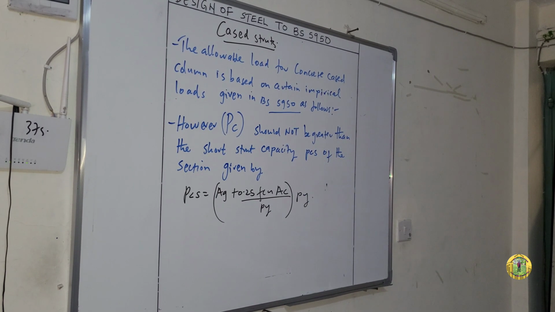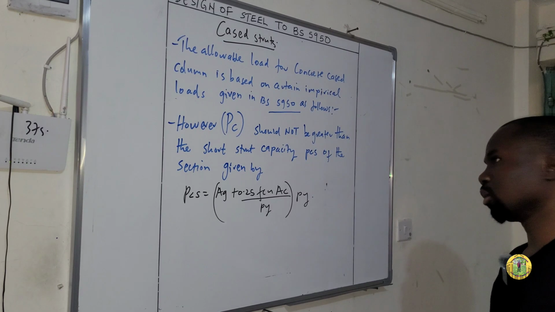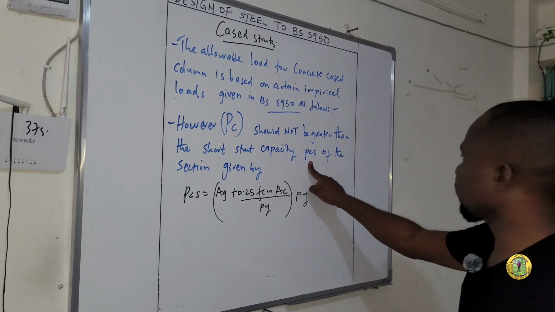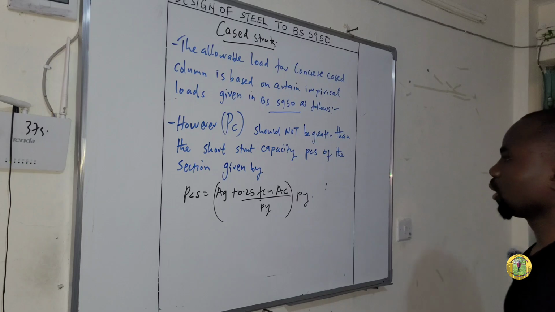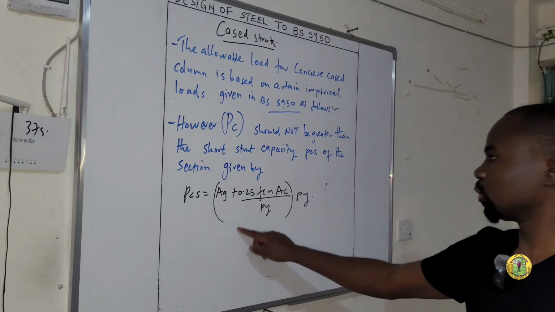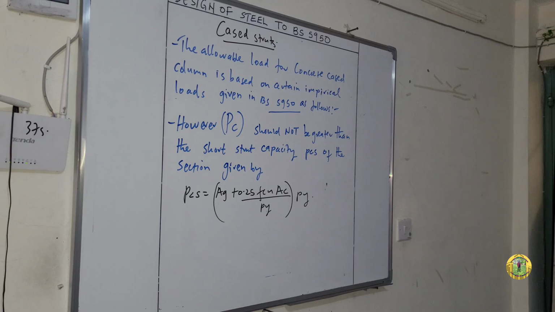However, PC, which is the compression resistance, we have already seen should not be greater than the short strut capacity, which is PCS of the section given by this formula. So PCS is equal to this formula.